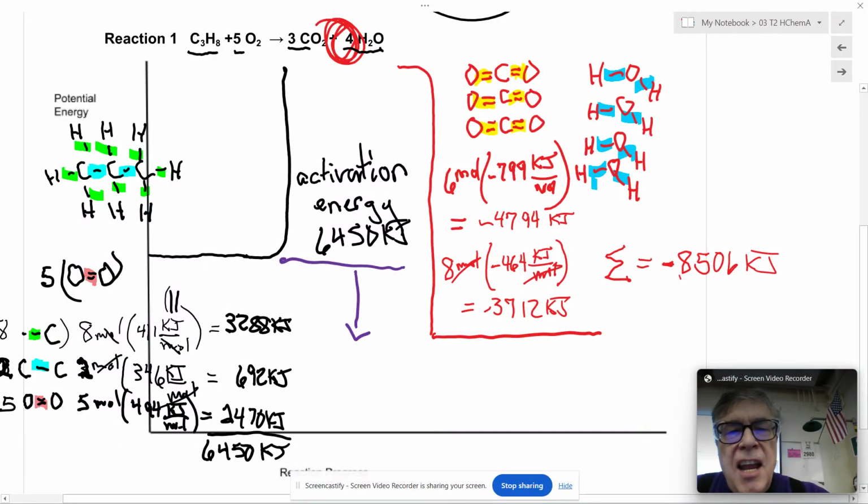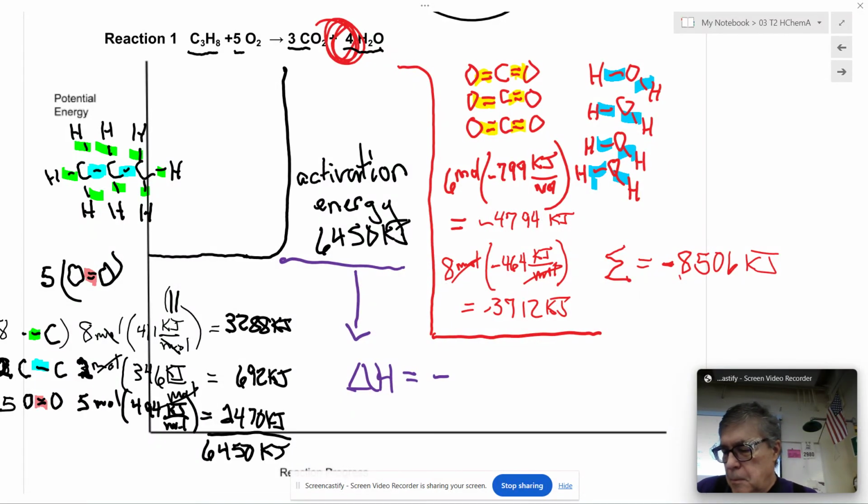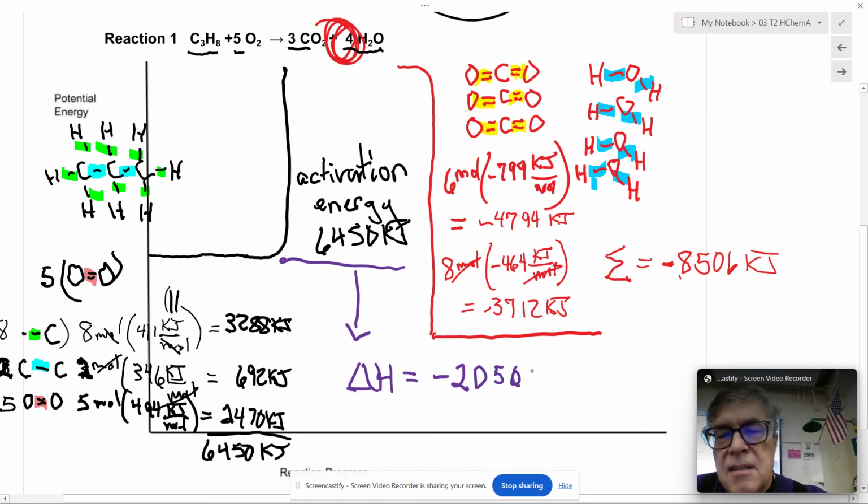So the change in enthalpy is going to be a negative number when we just put these together. Negative. Is this what you guys are all getting? Did we come down to the same answer?